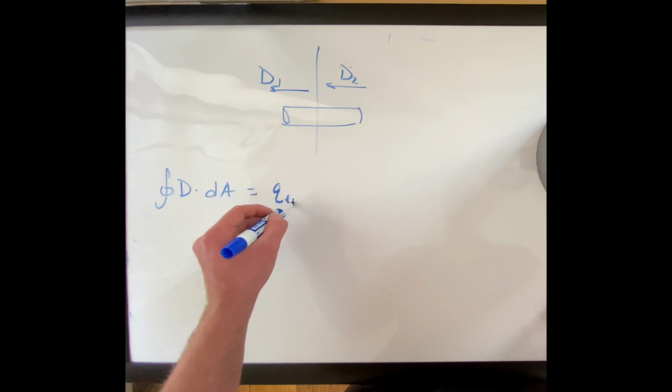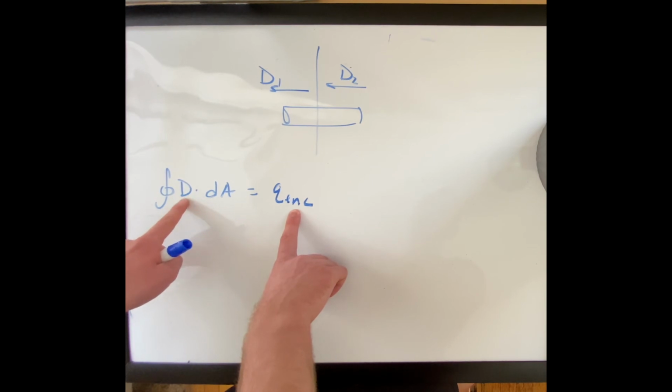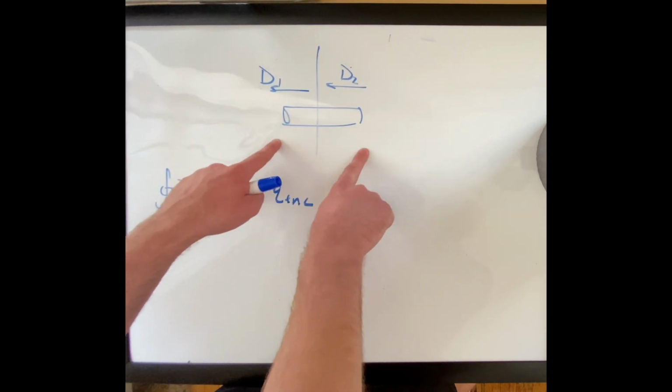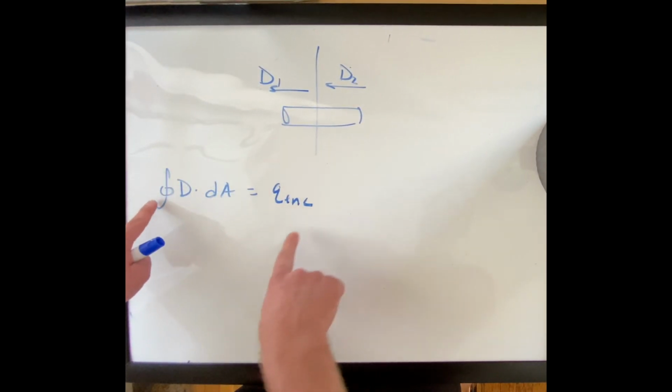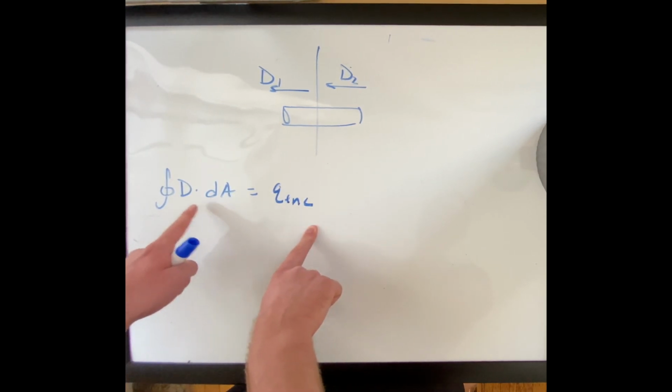So here's the reason I want to use D and not E: if I used E, all I would do is put an epsilon naught at the bottom here, or an epsilon, but these are different surfaces. So when I do my integral, I can't just say it's equal to this, because I have to somehow keep track of it.